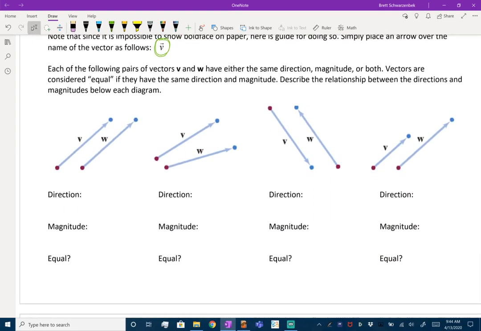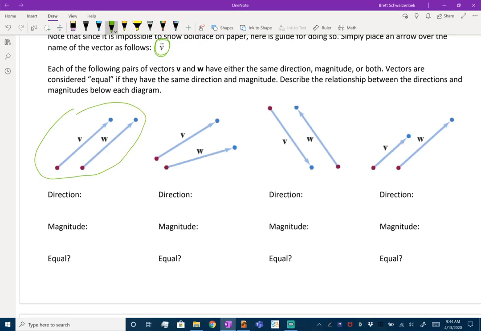So last thing here, it says each of the following pairs of vectors v and w have either the same direction, magnitude, or both. Vectors are considered equal if they have the same direction and magnitude. So describe the relationship between the following pairs of vectors. Okay, so what would we do down here? If we looked at these vectors right here, would we say that they are in the same direction?